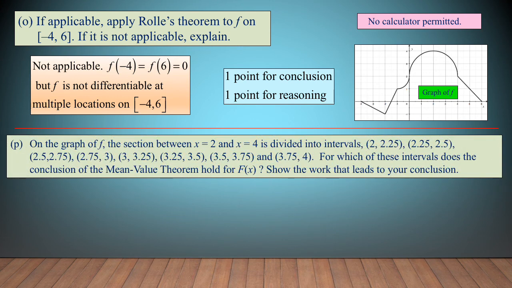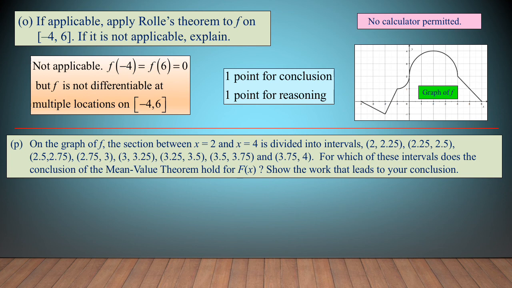P reads, on the graph of little f, the section between x equals 2 and x equals 4 is divided into intervals: 2 to 2.25, 2.25 to 2.5, 2.5 to 2.75, 2.75 to 3, 3 to 3.25, 3.25 to 3.5, 3.5 to 3.75, and 3.75 to 4.